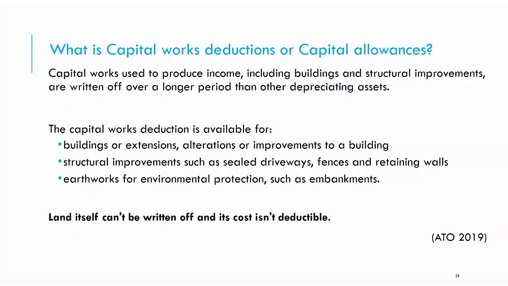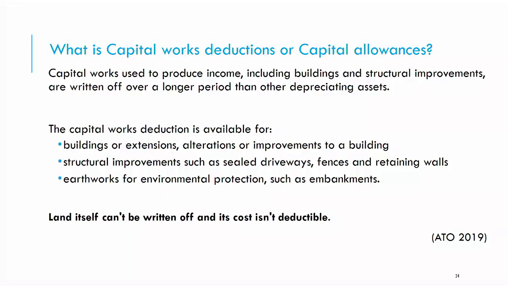But for taxation purposes, we have a separate fixed percentage for capital allowances, 2.5%. Capital works used to produce income, including buildings and structural improvements, are written off over a longer period than other depreciating assets, normally the first 40 years.